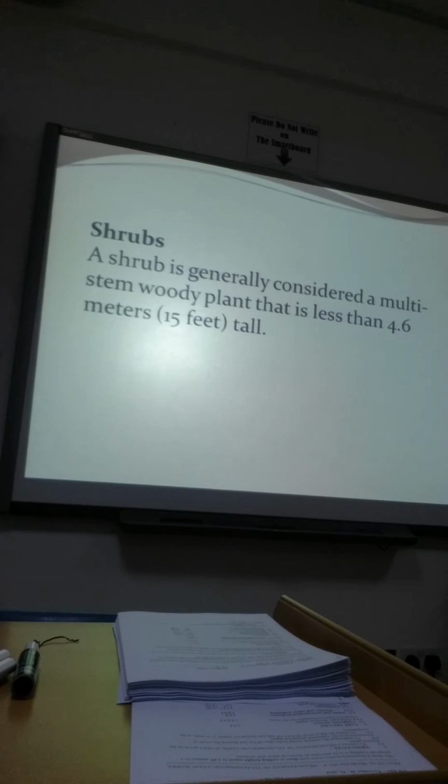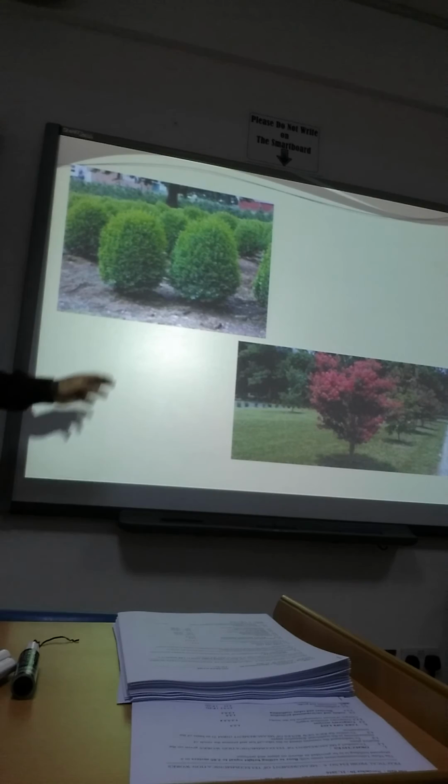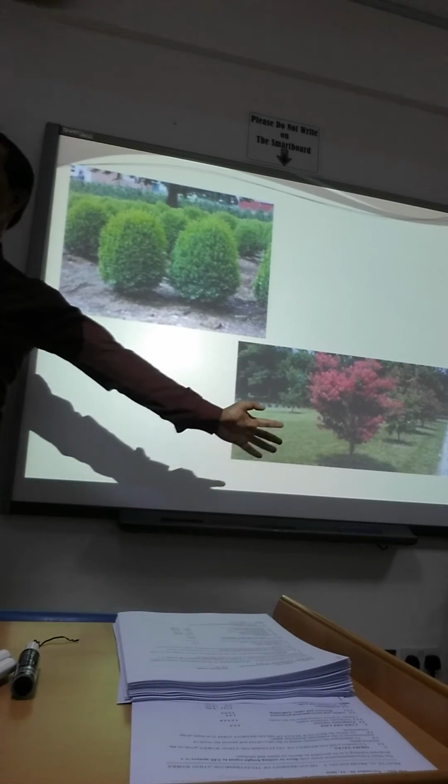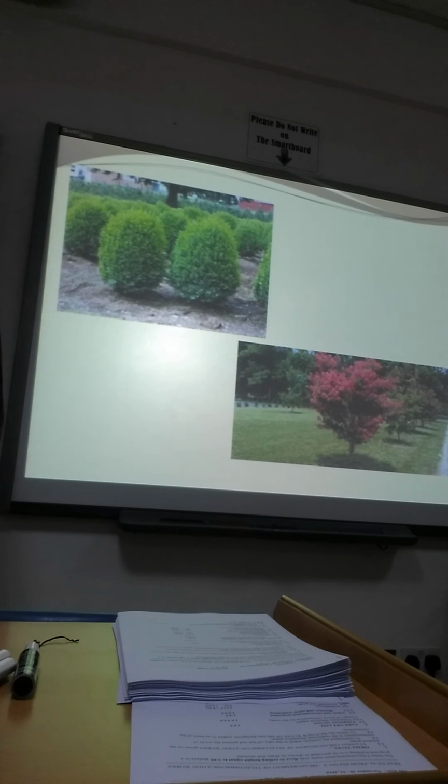Then shrubs, you can find them in the nursery. Okay, it is a small tree. Therefore, these are shrubs. Okay, then if it is trimmed, it will stay as a shrub forever if it is handled with trimming.